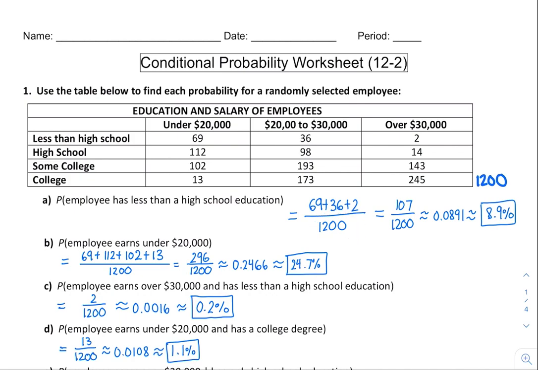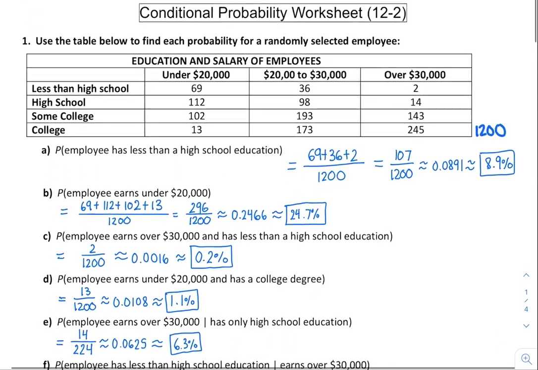Now when you simplify, you get 107 over 1,200. If you put that in your calculator, it's 0.0891. To get it into a percent, move the decimal 2 places over, and then round to the nearest tenth, which would be 8.9%.